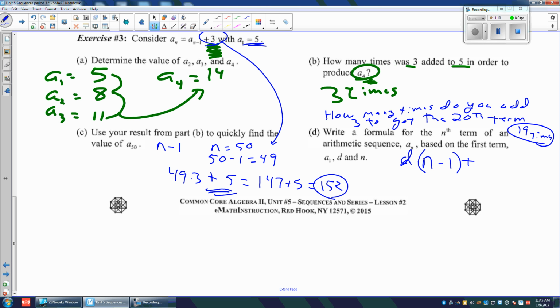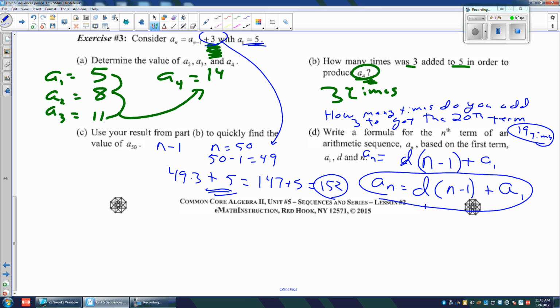And then I also had to add the first term, and that equals a sub n. Written neater: a sub n equals d times n minus 1, plus the first term. That is the direct rule, or the direct formula.